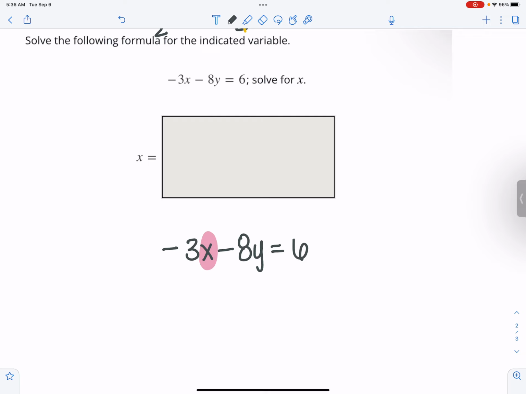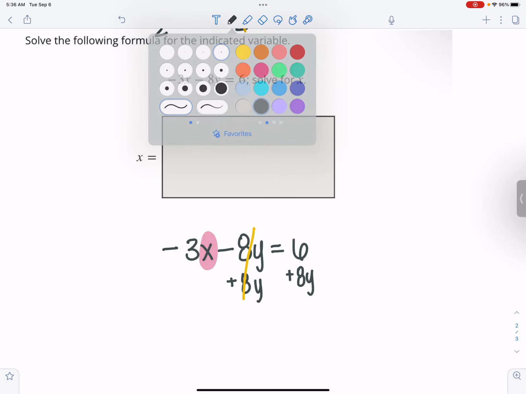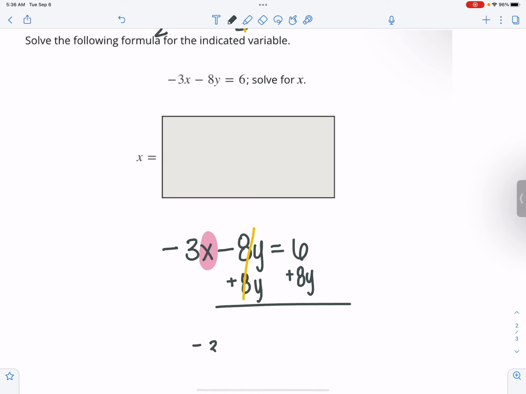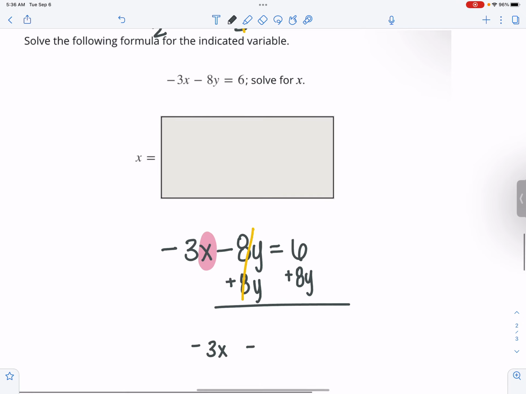I need to get rid of, not what is immediately touching x in terms of the 3, but the addition or subtraction. And so I'm going to add 8y to both sides. That's going to cancel, and then I've got negative 3x equals 6 plus 8y.